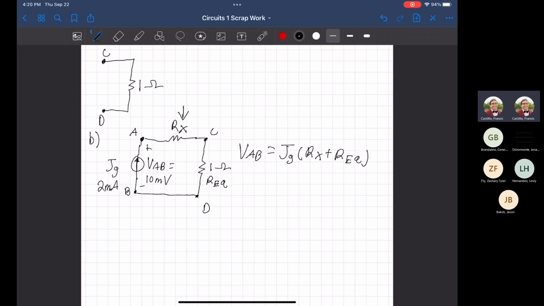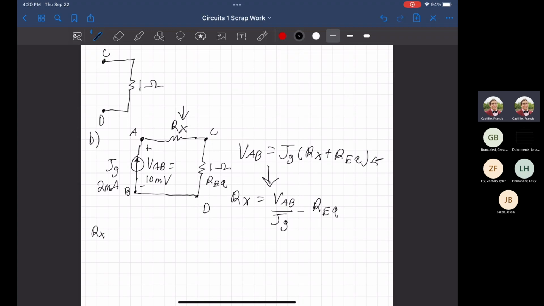So now from here, let's real quick do the algebra, which is just going to be equal to V over I minus our R equivalent. Going from this equation right here to the bottom one is just simple algebra. By all means, ask me if you want to show the actual steps, but that's what it is.